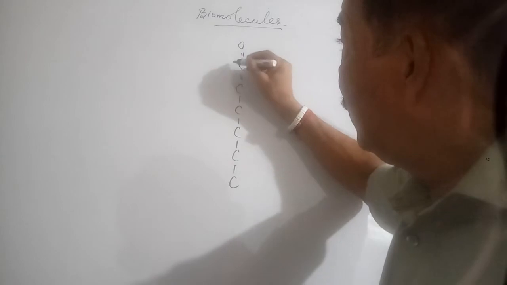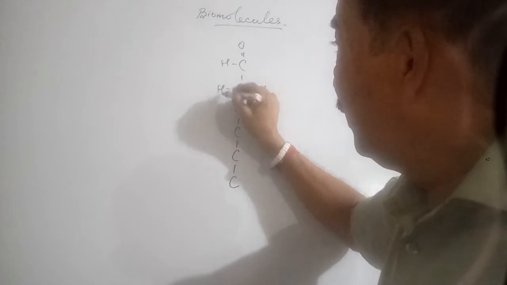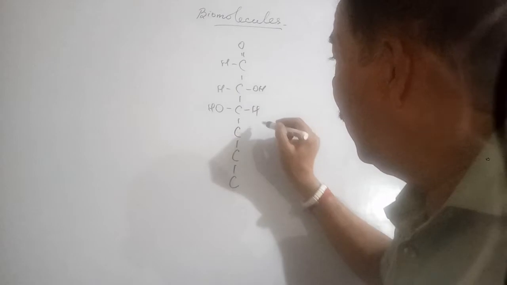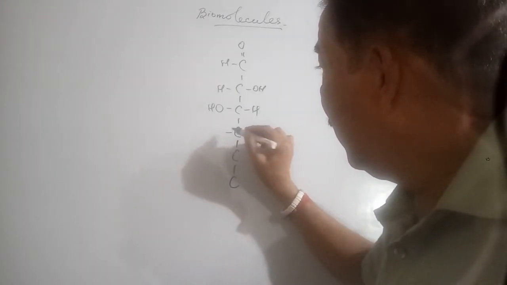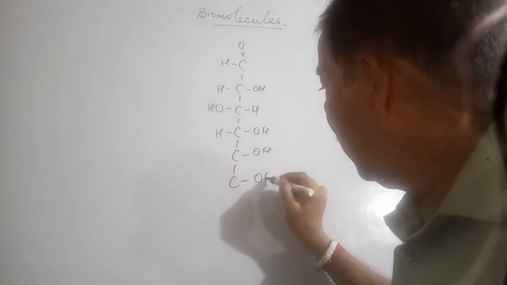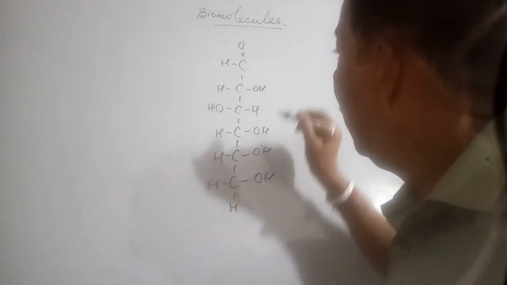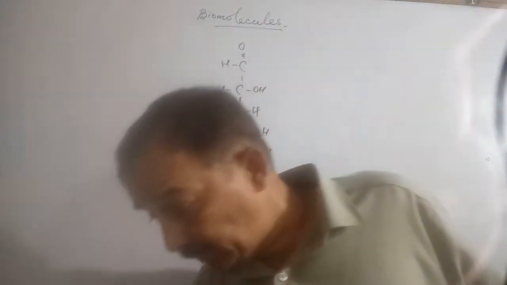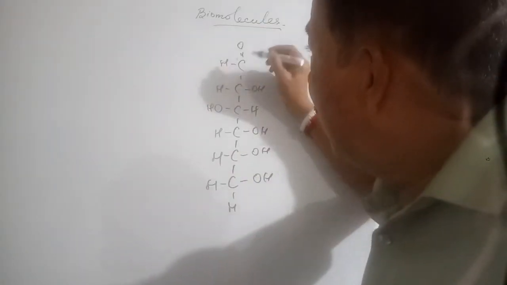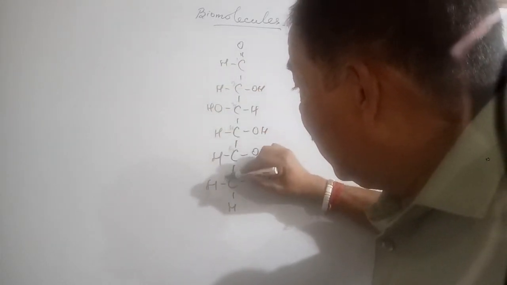Double bond oxygen, hydrogen, OH, H, OH, H, OH, H, OH, OH, H, H and H. This is your carbon number 1, carbon number 2, 3, 4, 5, 6.